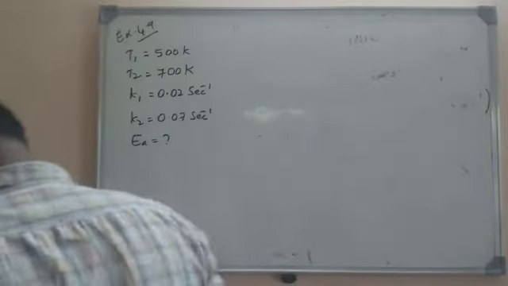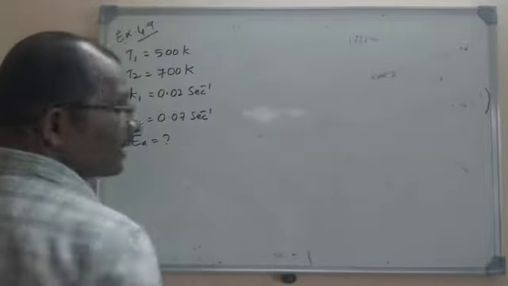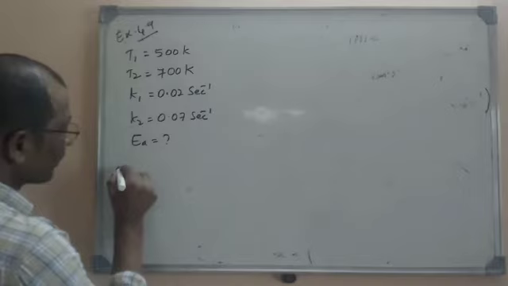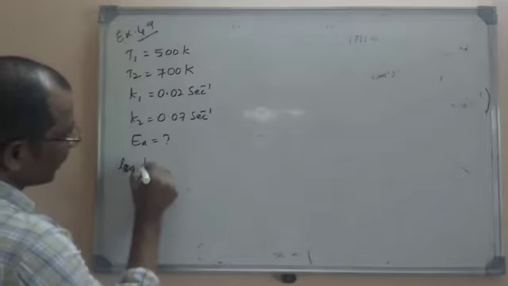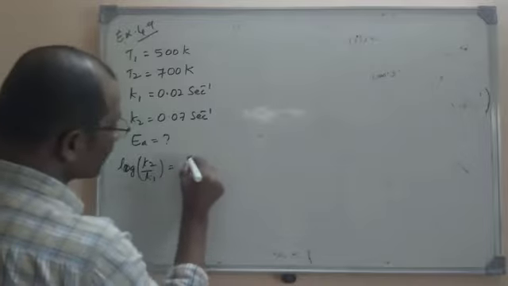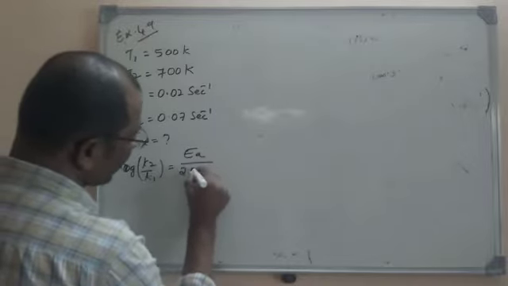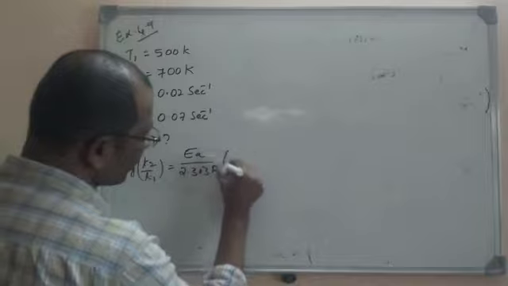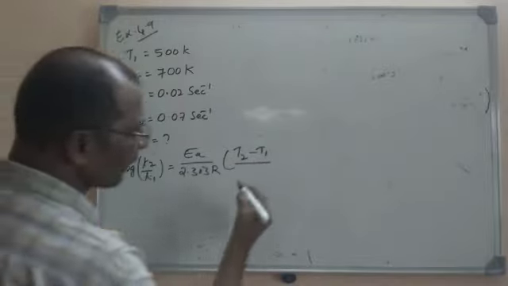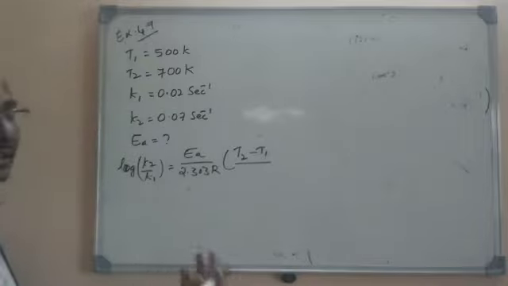Here EA is to be calculated. Now let us write the Arrhenius equation. What is the Arrhenius equation? Logarithm of K2 by K1 is equal to EA by 2.303 R into T2 minus T1 divided by T1 T2. You can take it in ln form also, later you can change.